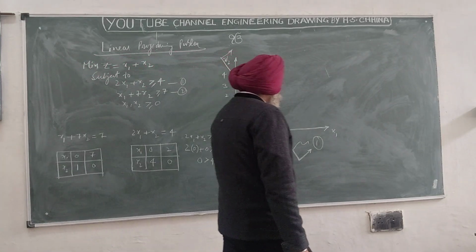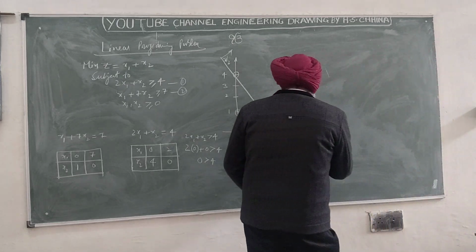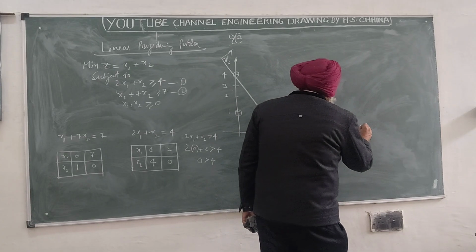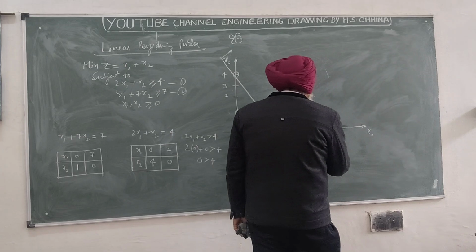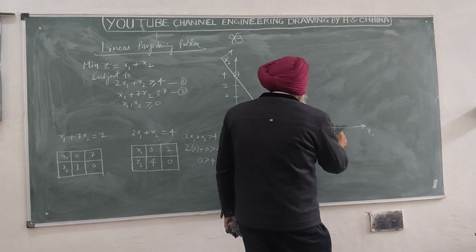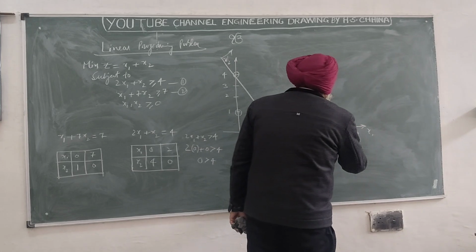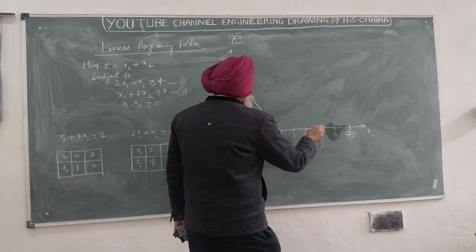Go up to the point 7, this is 3, 4, 5, 6, this is 7. Clear?